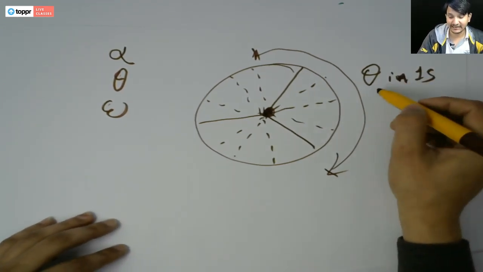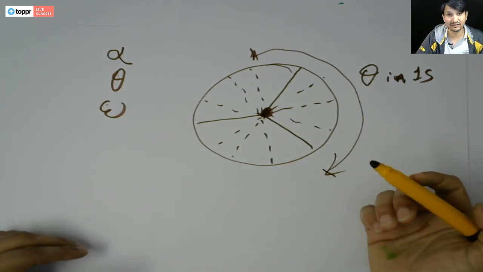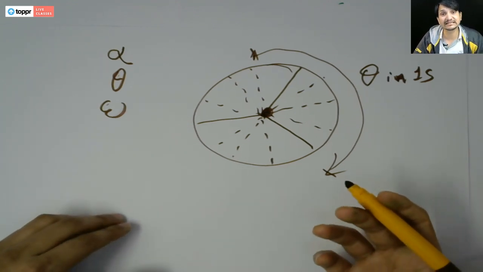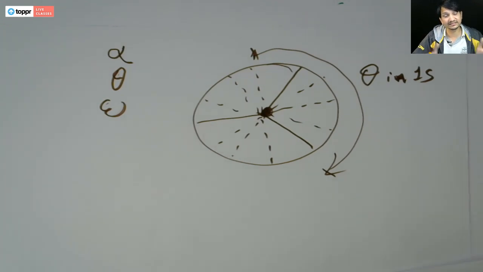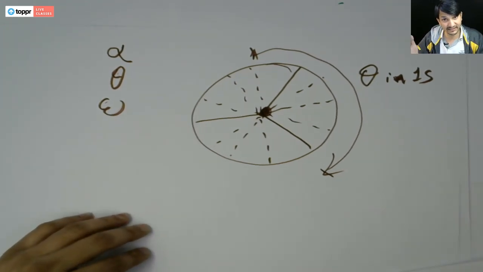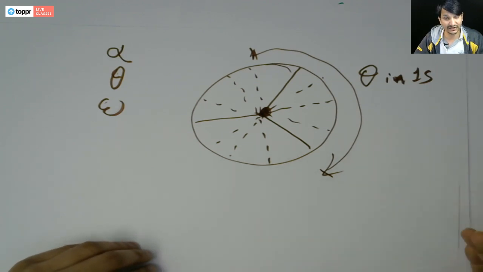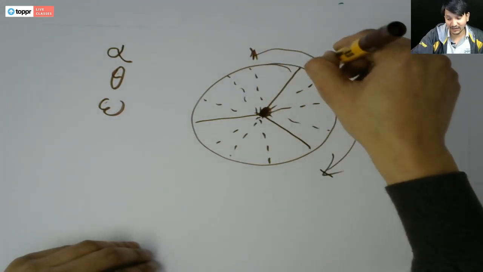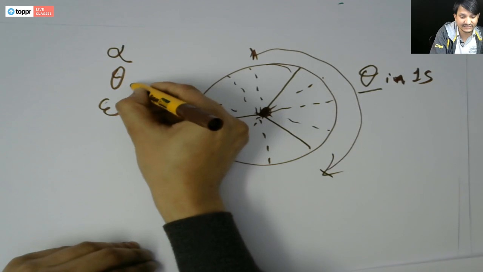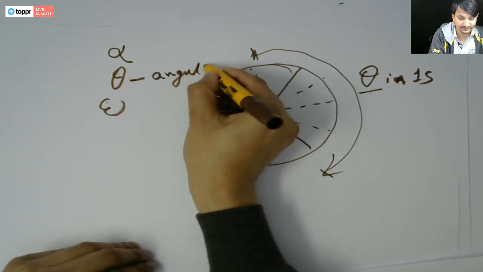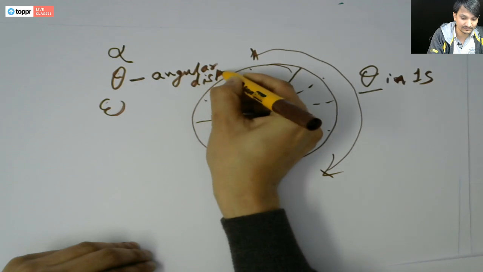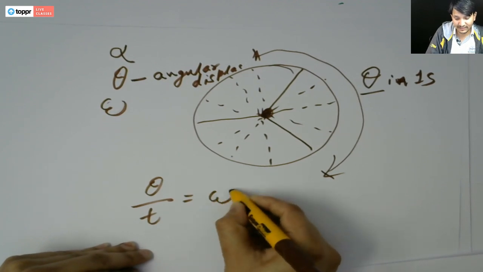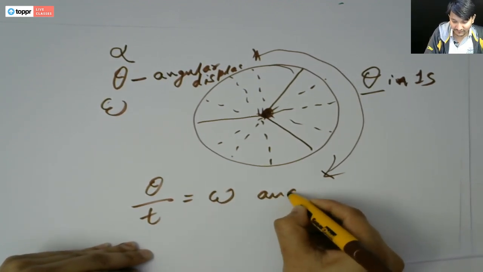So we can say that it has some kind of velocity, but how? Angular velocity is not considered with respect to angle. Velocity is considered with respect to distance. Distance divided by time, or displacement divided by time, is velocity, and distance divided by time is speed. So what is angle divided by time? This theta can be said to be angular displacement. Angular displacement theta by time is known as omega, or angular velocity.